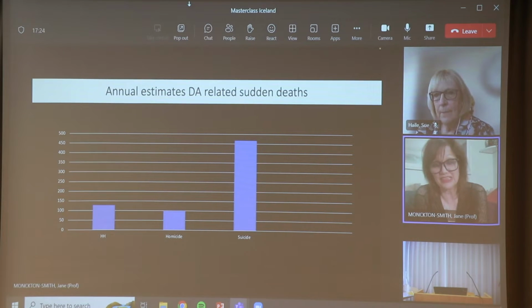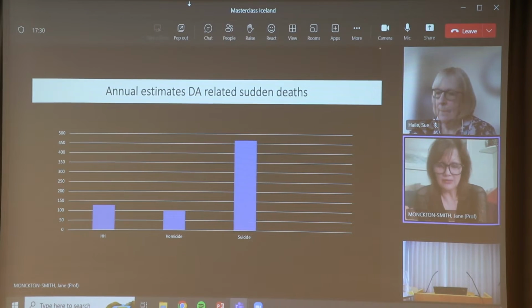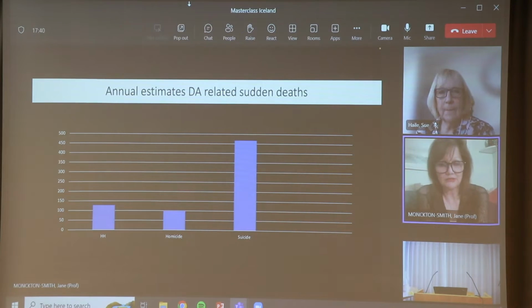But this is the number we came up with, looking at some research that estimated the proportion of suicides that could be related to domestic abuse. And you can see that number far outweighs the homicide figure.